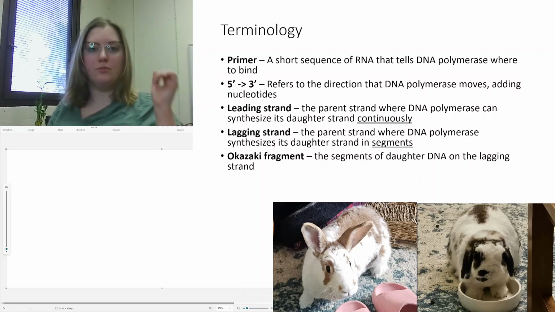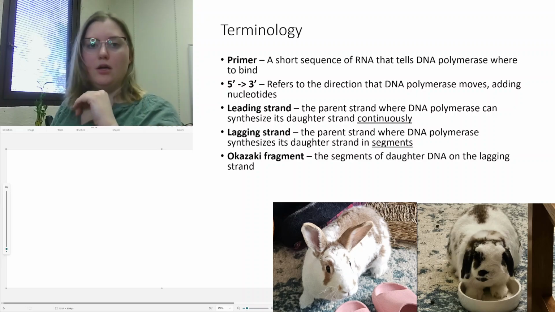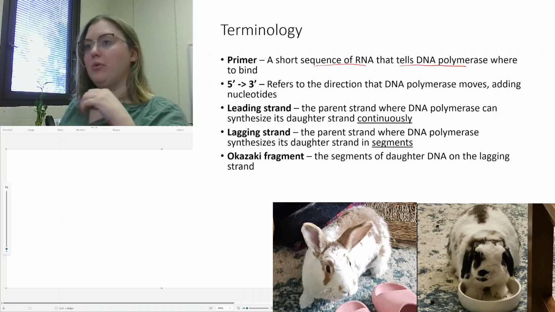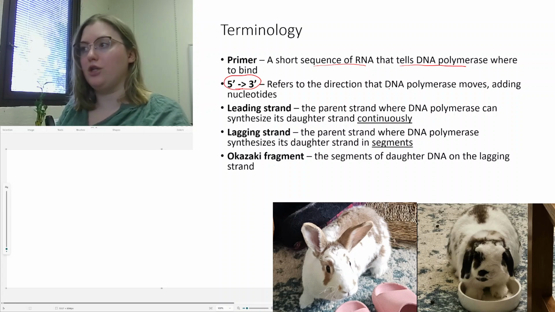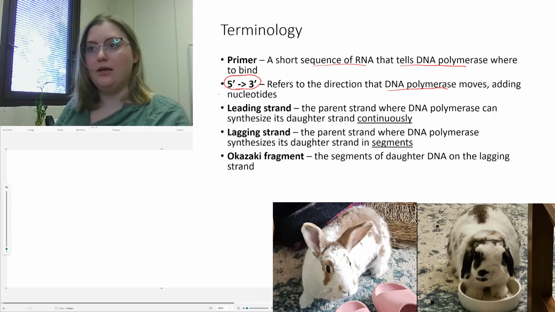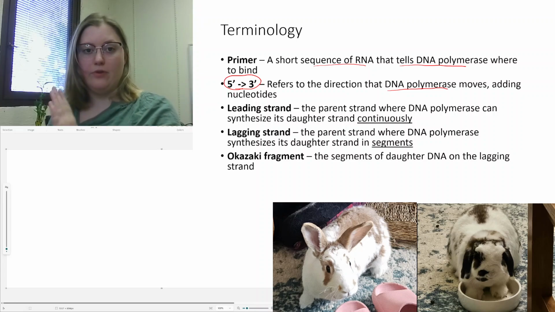So let's go over some terminology real quick. Primers, remember, are a short sequence of RNA that tells DNA polymerase where to go. When I refer to 5' to 3', I'm referring to the direction that DNA polymerase moves. Remember, polymerase is adding nucleotides and it moves from 5' to 3'.